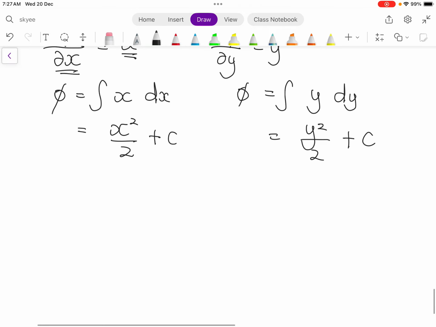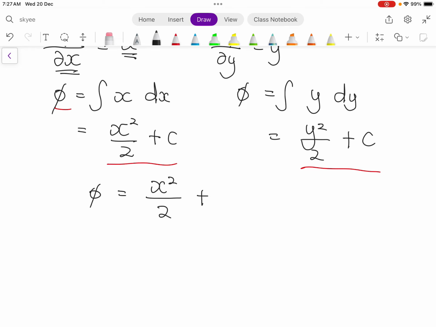Now you have two options of the phi. Which one to be taken? The answer is both, meaning that phi will be x squared over 2 plus y squared over 2 plus c.